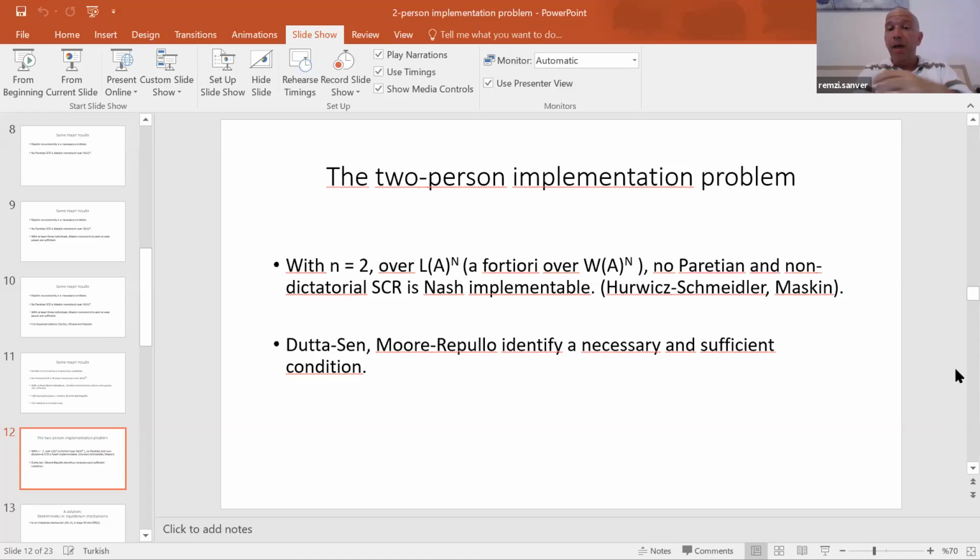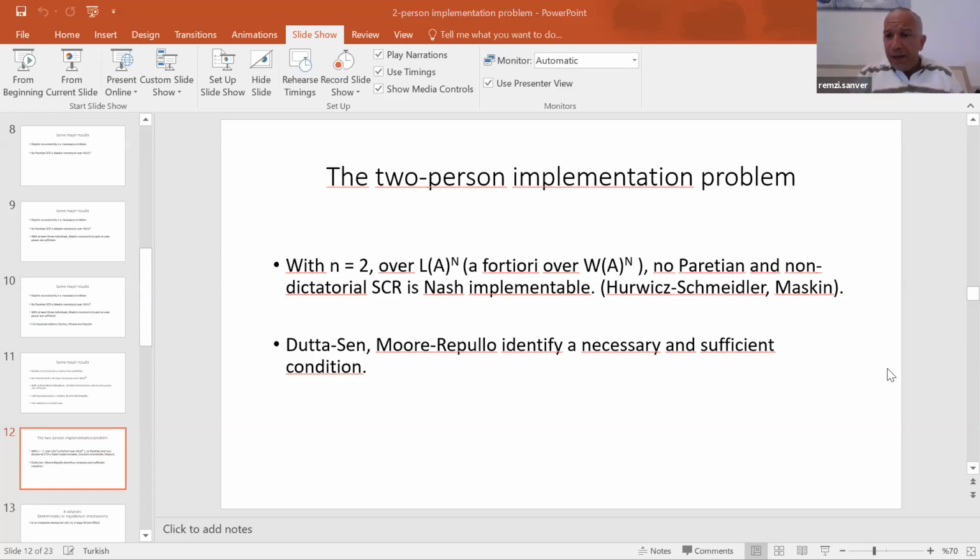One is that implementability, which used to be impossible, becomes possible with 2 people. And also, the typical positive results are with impractical mechanisms, but we show that with this slight change of the definition of a mechanism, now we can implement 2-person social choice rules, with a very eminently simple mechanism. So this is what we do.